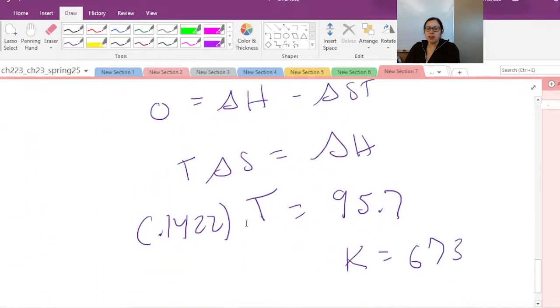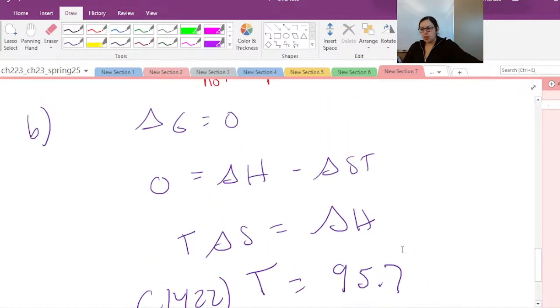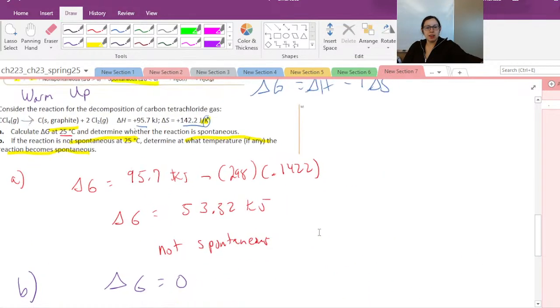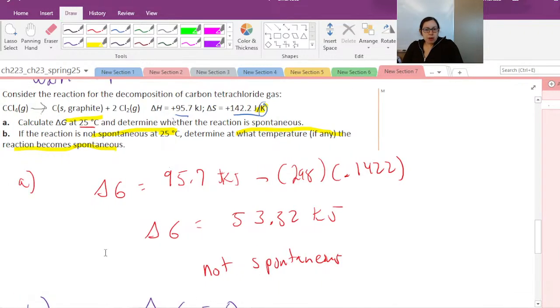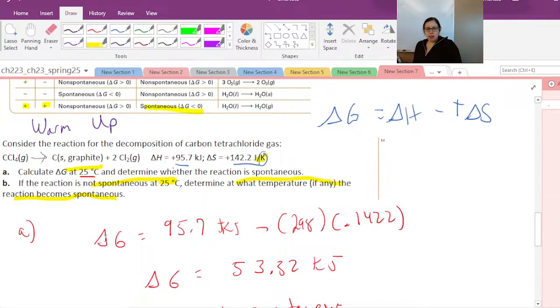So once we get it to 673 Kelvin, then it is spontaneous. And you can think about where this might be relevant, again more on the engineering side of things. If you're trying to plan out your big reactor, you have to calculate what temperature you even have to get this reactor at to get this reaction going.